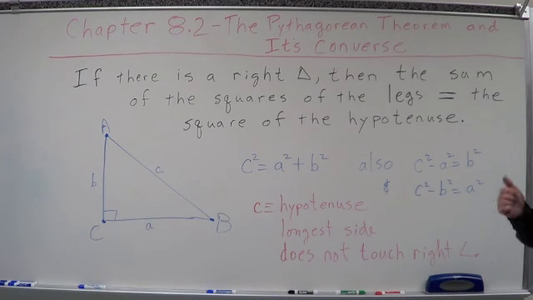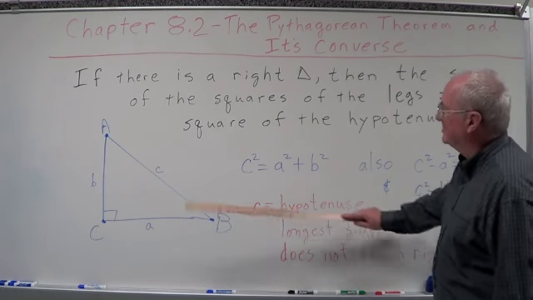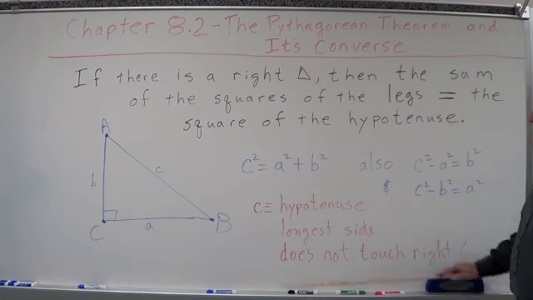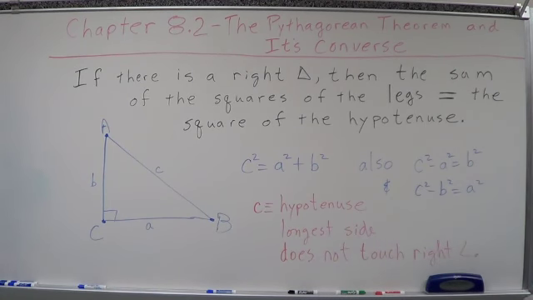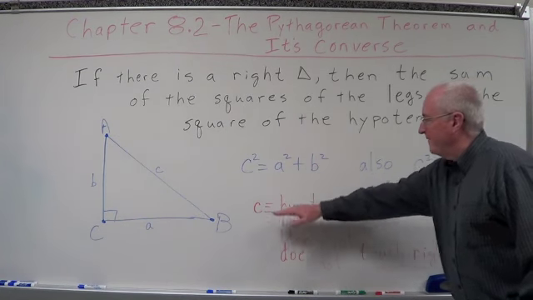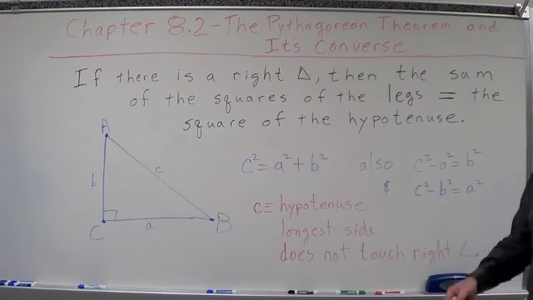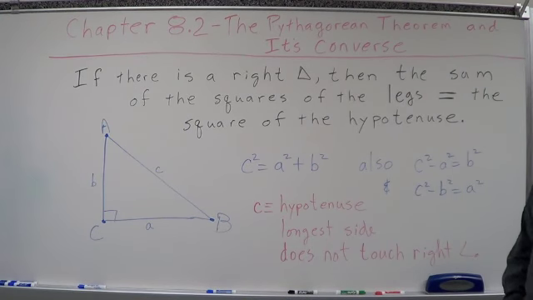Now, thing to remember: c, little c, is always the hypotenuse. It is always the longest side, and it does not touch the right angle. For some reason, some people have some difficulty in identifying the hypotenuse, or c, so I'm putting this down. c is the hypotenuse. c is the longest side.